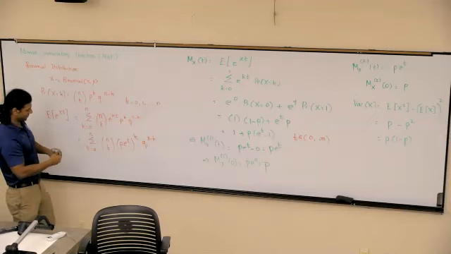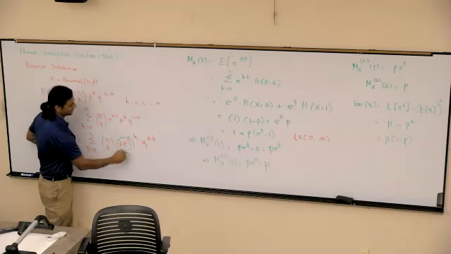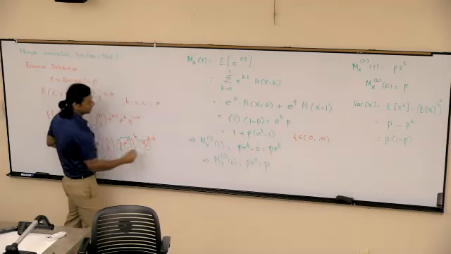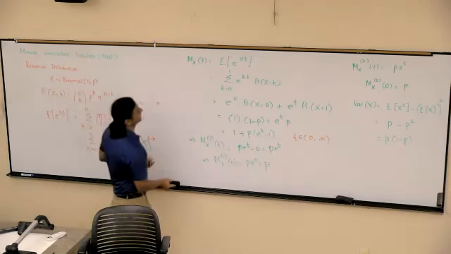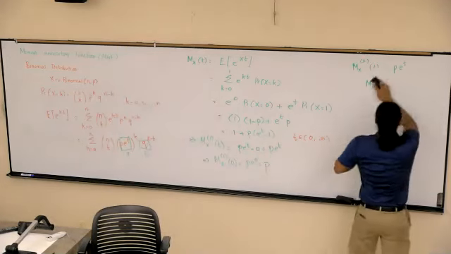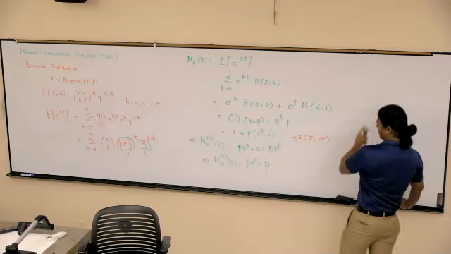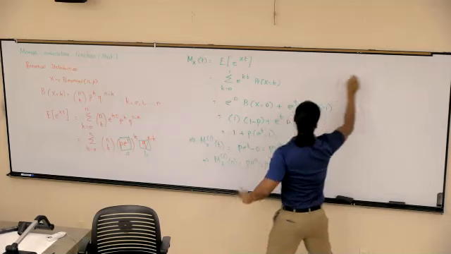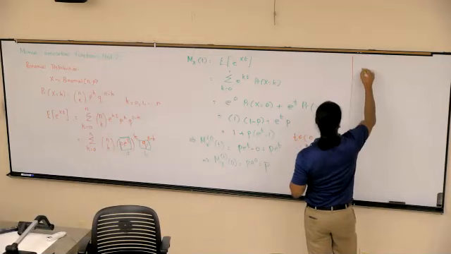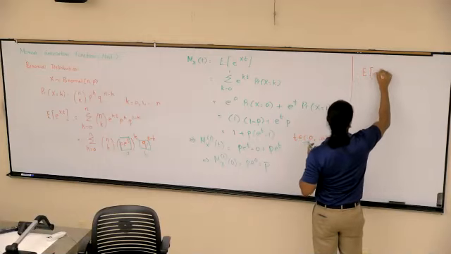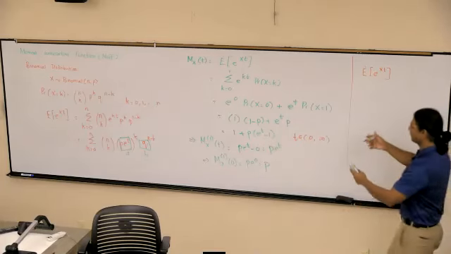So I call that a, I call that b. I want to leave that part for a reason. That's the binomial theorem, or the binomial formula.